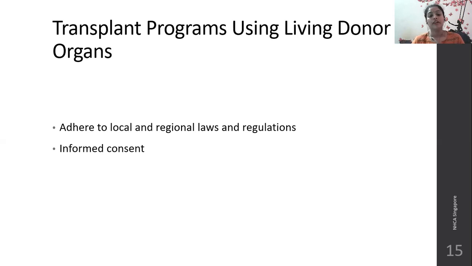When you're using living organs, you have to adhere to the local laws and regulations. As we have in India, the Transplantation of Human Organs and Tissues Act of 1994. Such regional and local laws and regulations have to be followed. Informed consent should be taken following proper counseling of the candidates, etc.